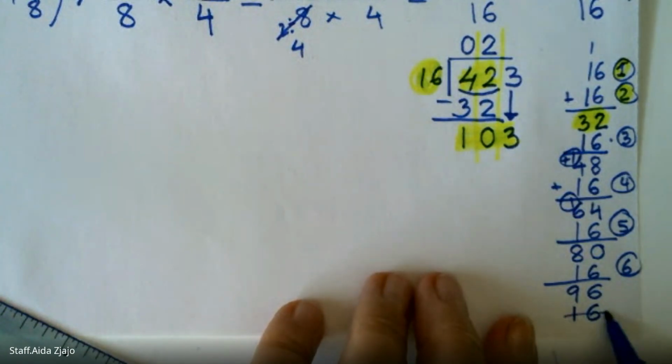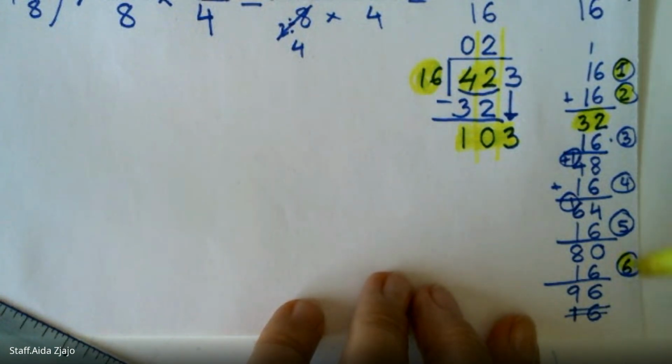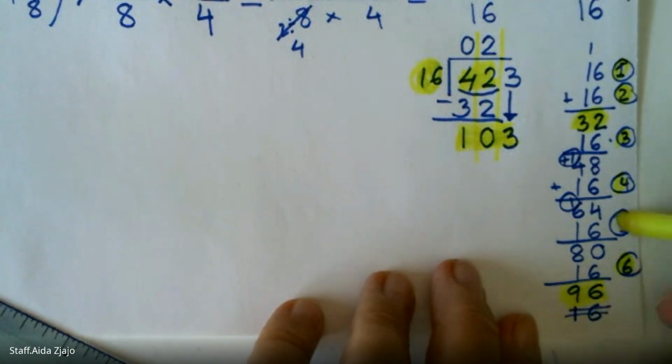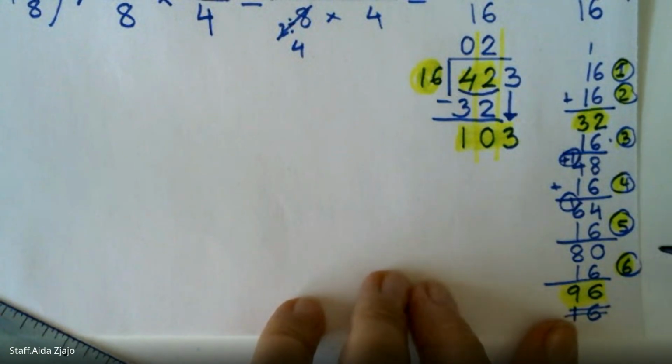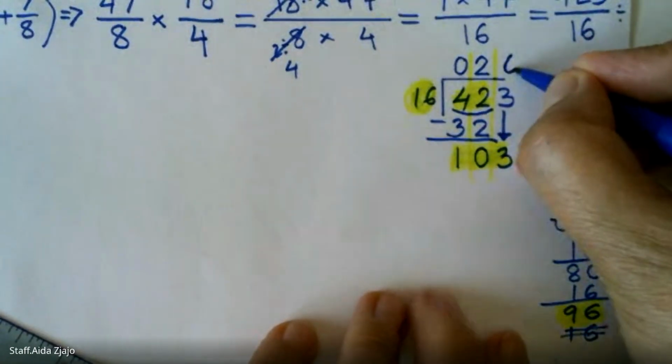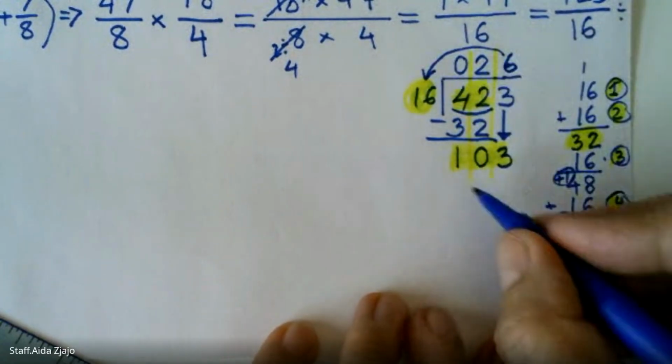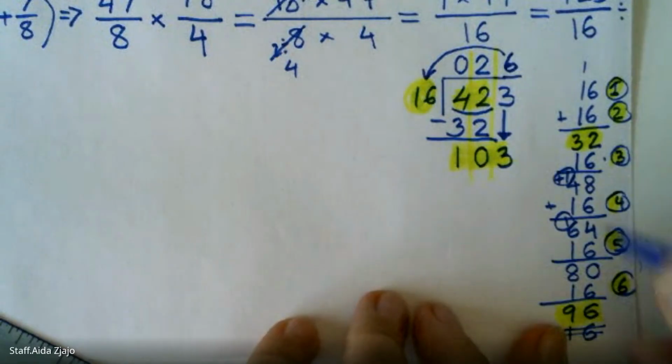So I'm not going to use this last one. The last group is 6. So in 96, I will have 6 16s. So here is the 6 16s. 6 16s are in 96.